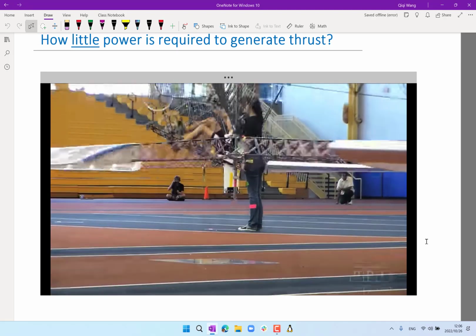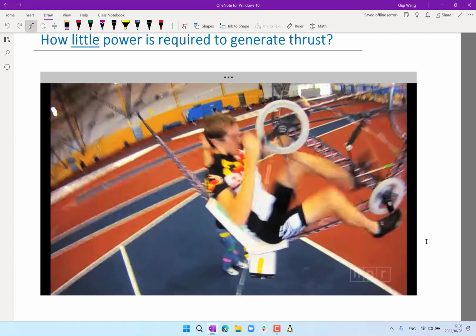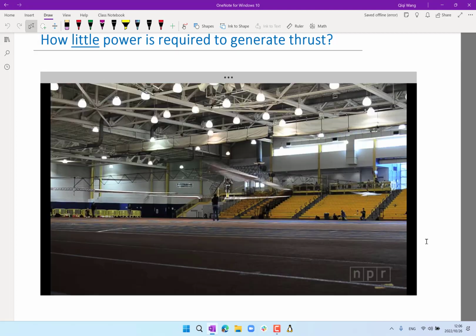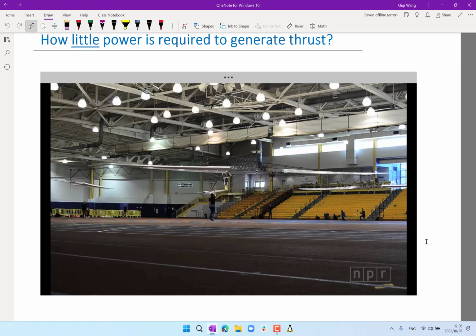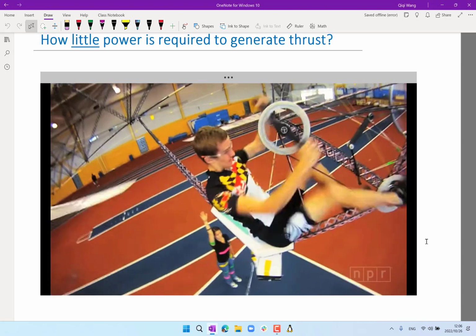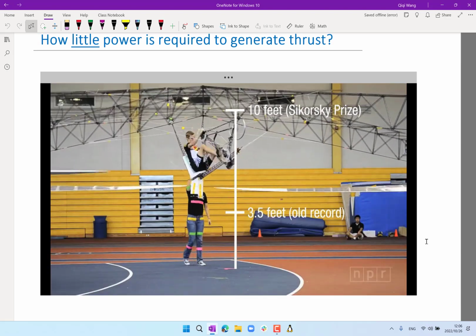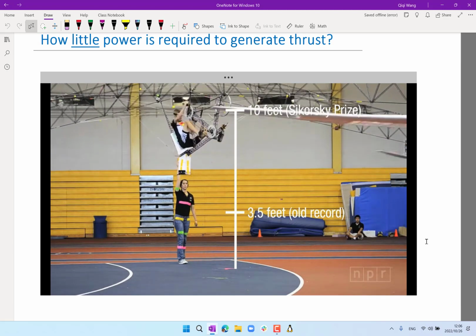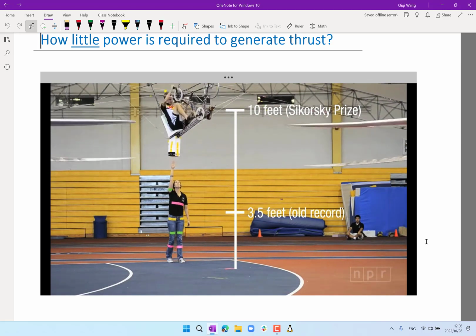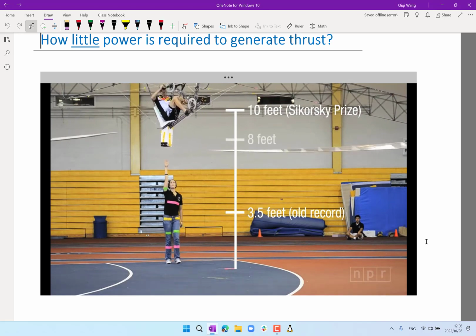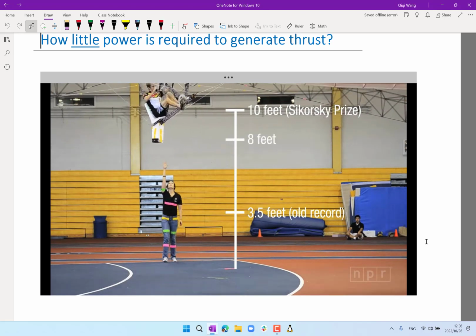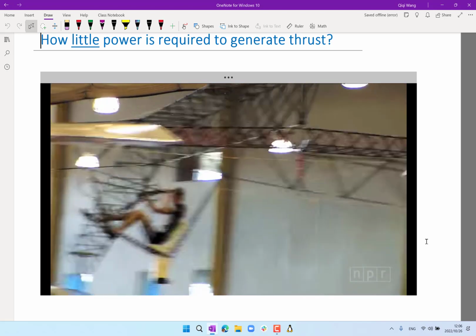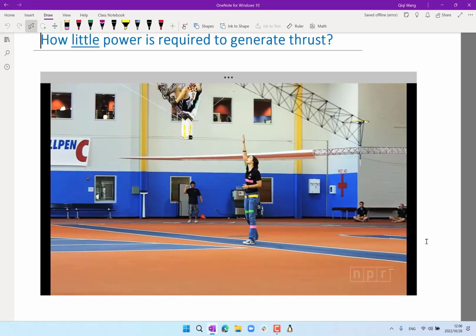So look at how big this thing is. Oh my god. Holy moly. Bring it down, bring it down.